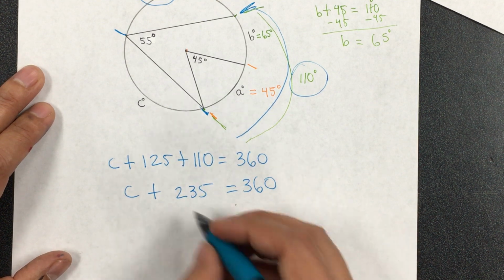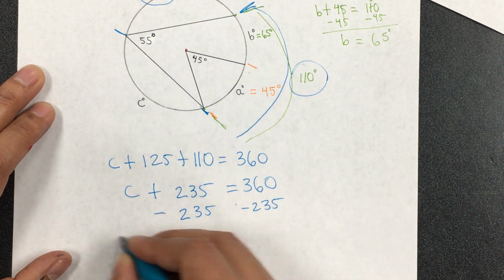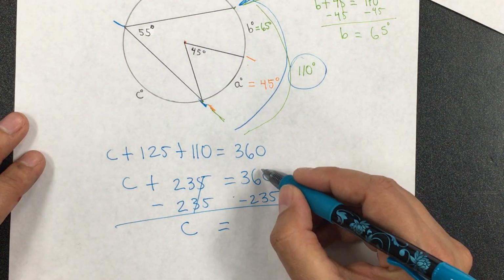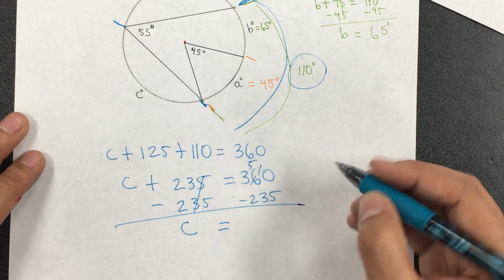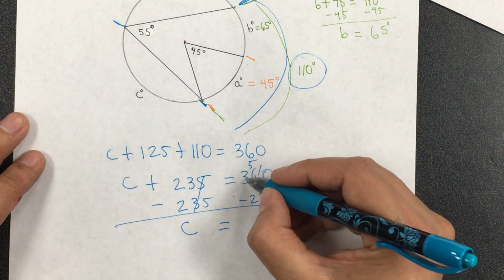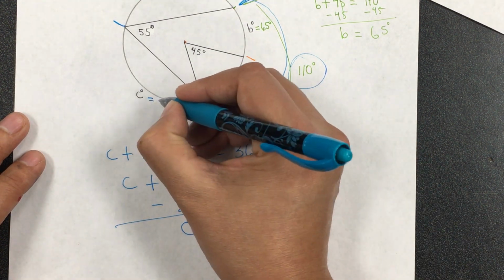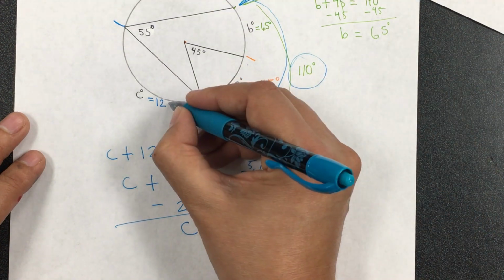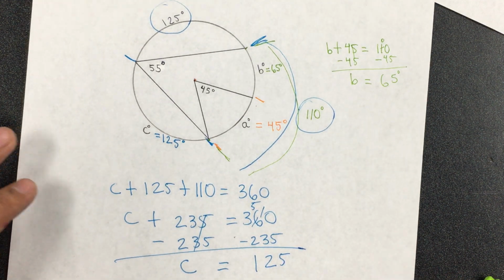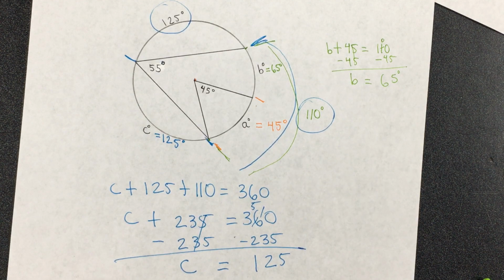If I'm adding 235, the opposite is to subtract 235 from both sides. And so C is equal to 360 minus 235, which is 125 degrees. Okay, so we already found all the degrees of the different angles and arcs.